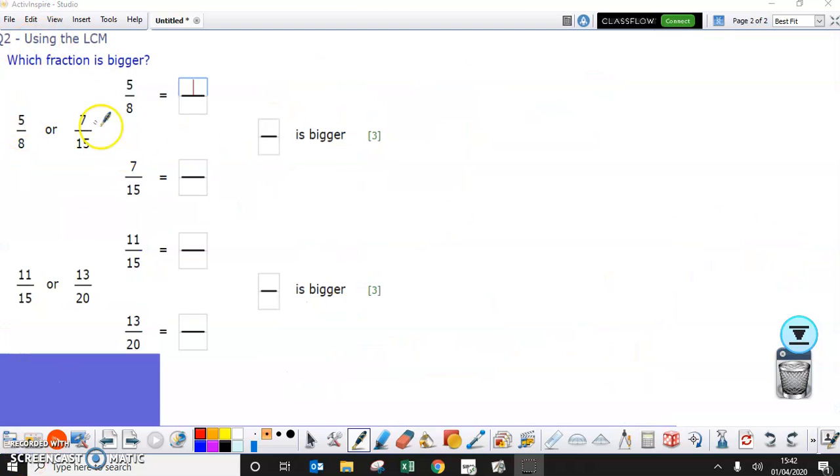Okay, now for the second part of the homework set. We've got 5 8ths and 7 15ths. Again, I'm trying to find out which fraction is bigger, but it says I've got to use the lowest common multiple. So what I'm going to do is try and find out the bottom number, get the denominator the same. Okay, so 8 and 15.